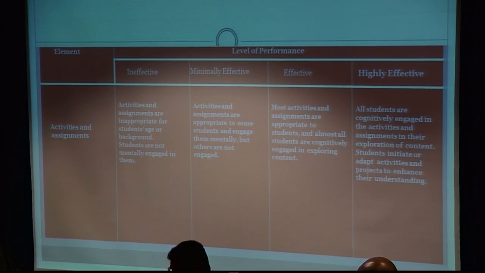So as a teacher, I can read this and say, okay, this is where I need to go for effective practice. This is where I need to go for highly effective practice. So it provides consistency throughout the district, so that all folks have the same language, and all evaluators have the understanding of what that looks like.